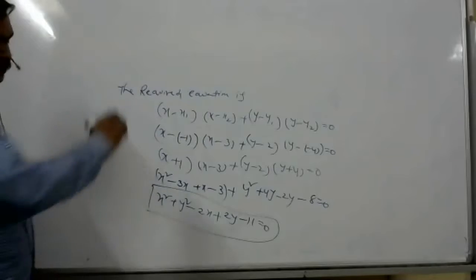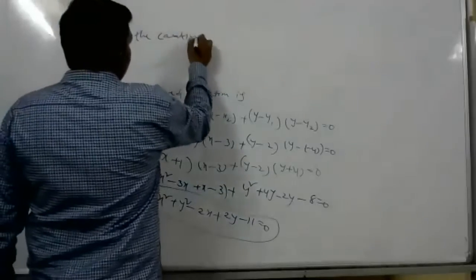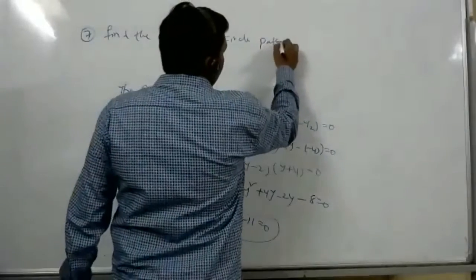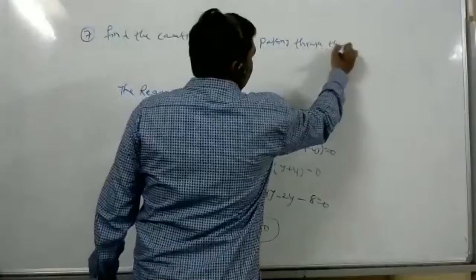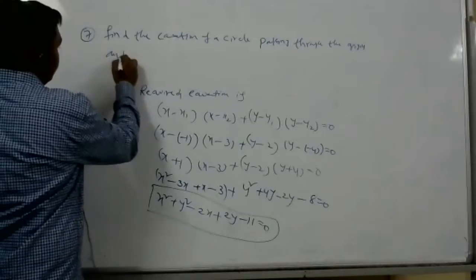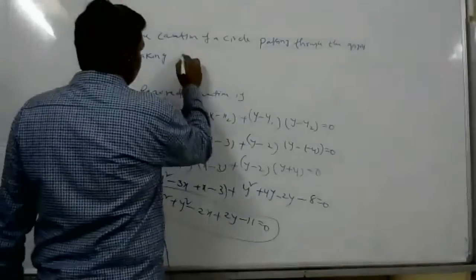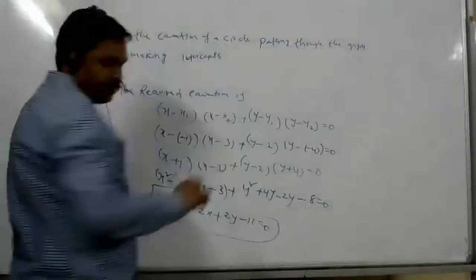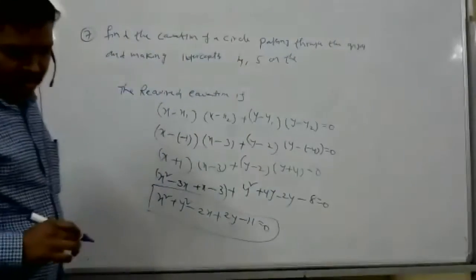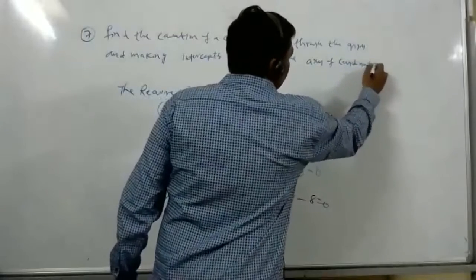Next. Find the equation of a circle passing through the origin and making intercepts 4 comma 5 on the axis of coordinates.